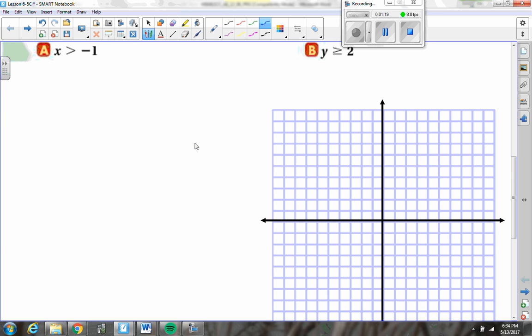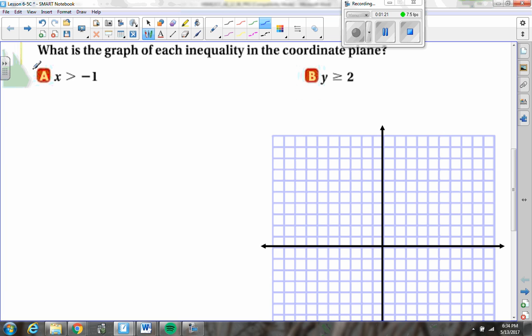If we look at these two examples, starting with example A, x is greater than -1. The only thing I need to do to graph this inequality is to go to the point on my graph where x equals -1, and then go to all the other points where x equals -1, and that will be my boundary line.